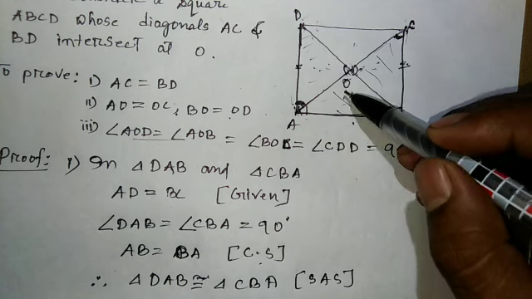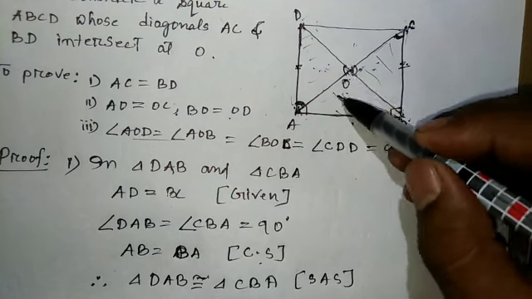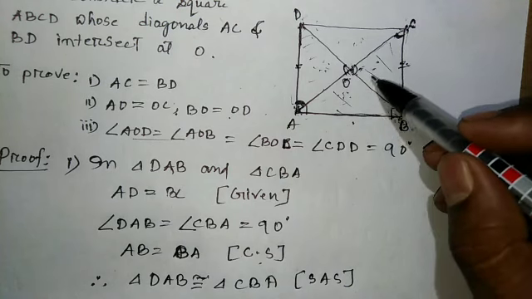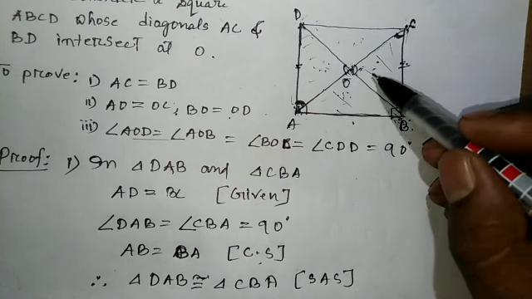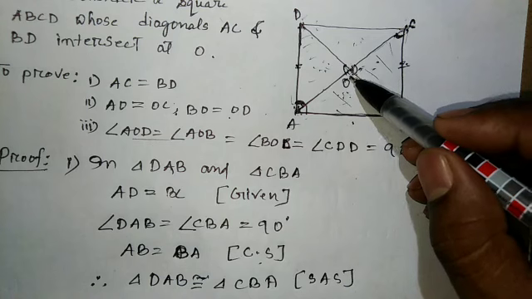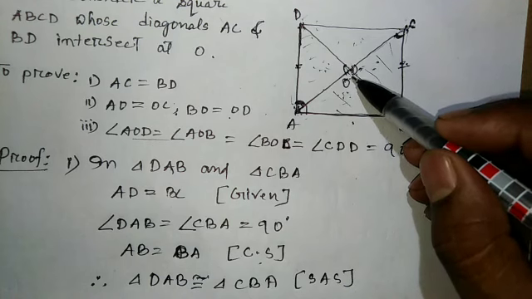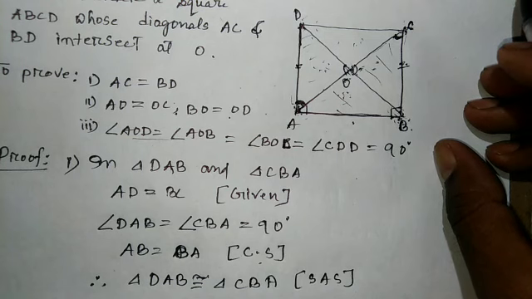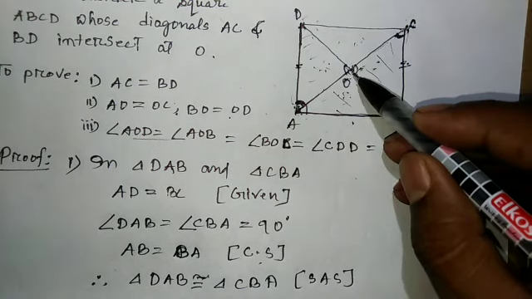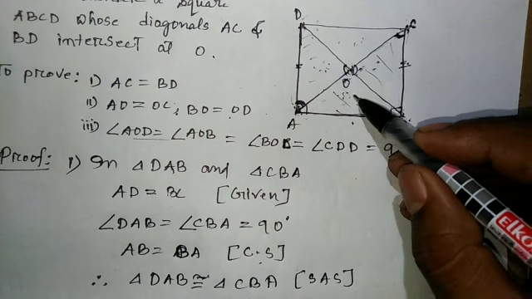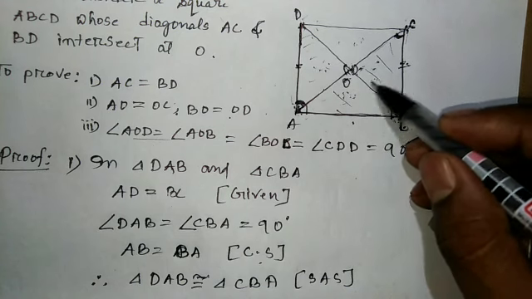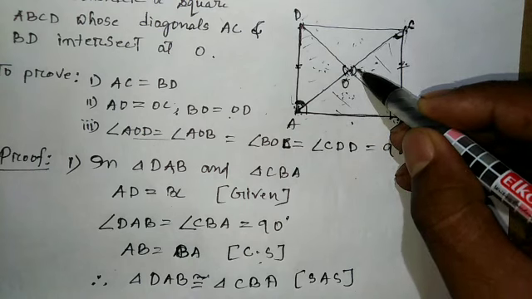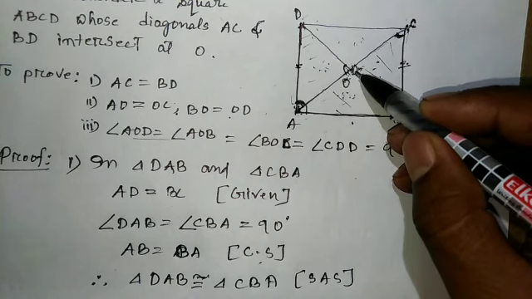So we have to take two adjacent triangles. Before that we have to prove that these two triangles are congruent. After congruence, these two angles will become equal and their sum will be 180 degrees.